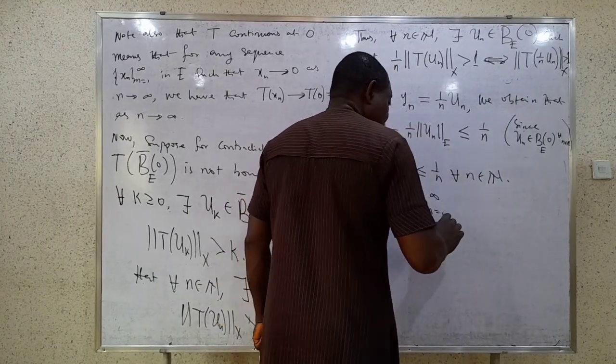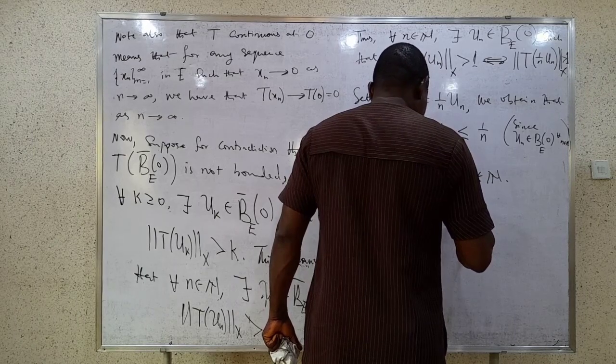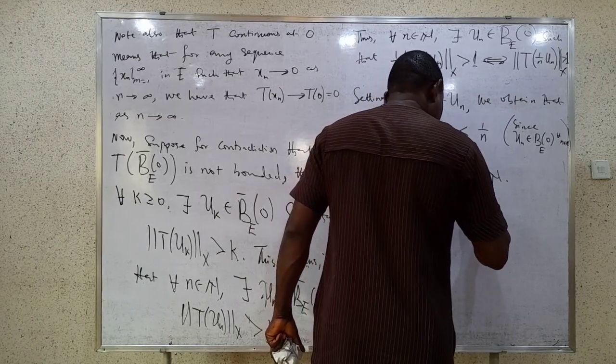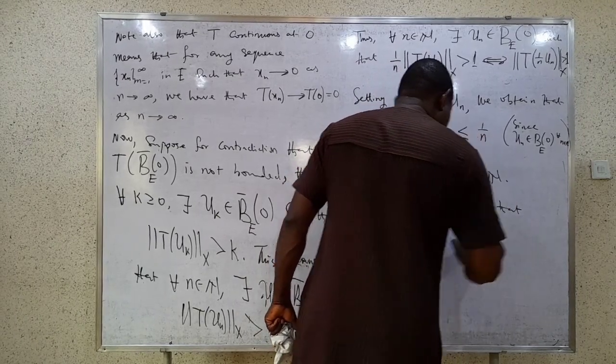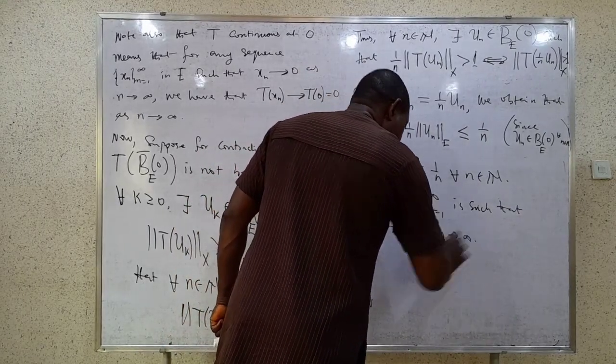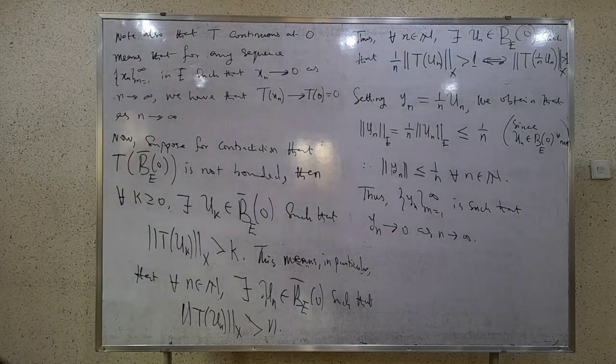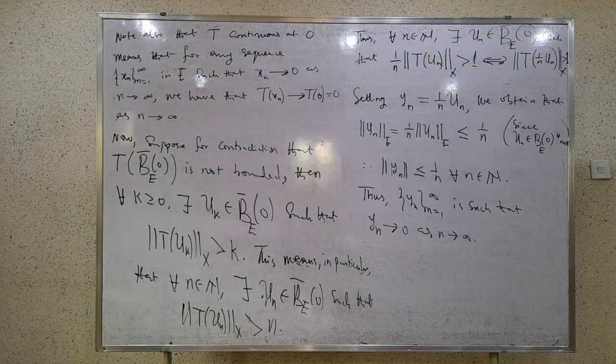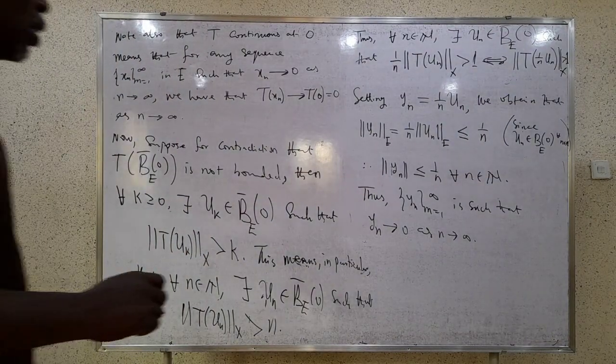Thus, y_n is such that y_n goes to 0 as n goes to infinity. So what this means is that we created a sequence that converges to 0. But what happens?